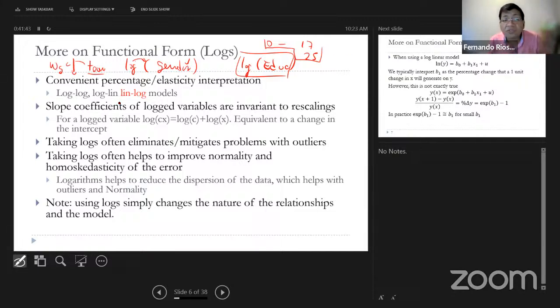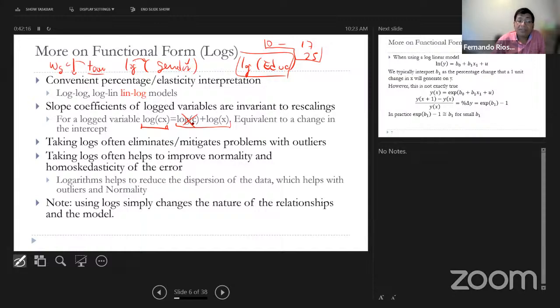Now, another convenience of using log functions is that the slope coefficients, when you have a log variable, are going to be invariant to rescalings. That's the other thing that I mentioned before. When you have a log variable on the right-hand side as part of the independent variables, it doesn't matter if you rescale the original one; using the log transformation reduces the impact of that rescaling.